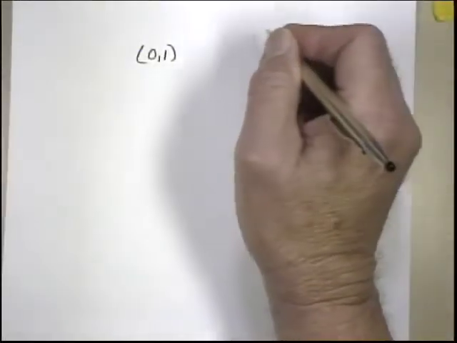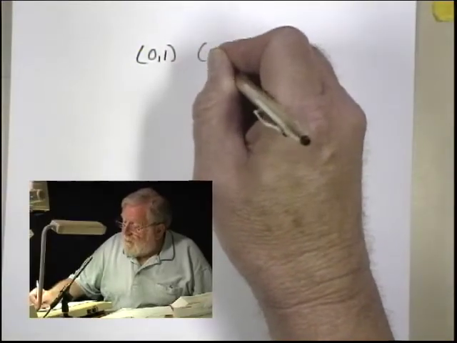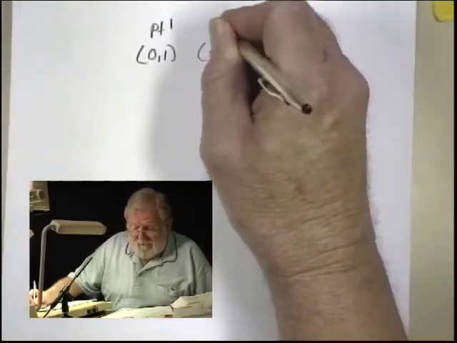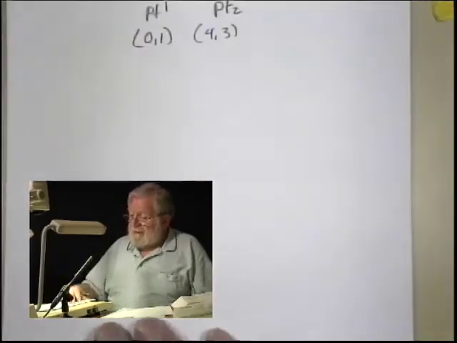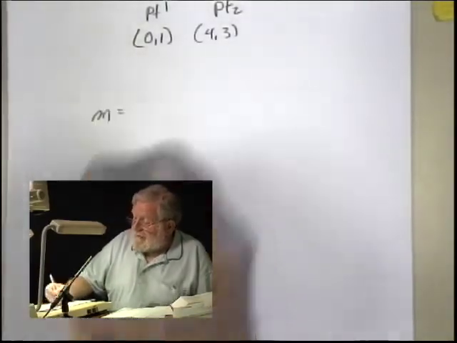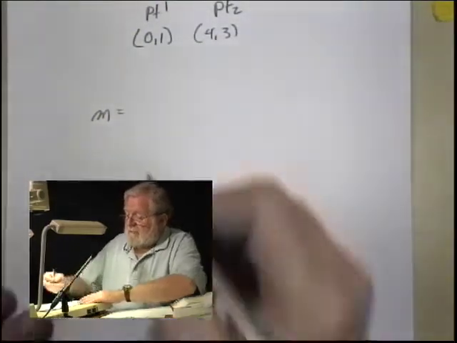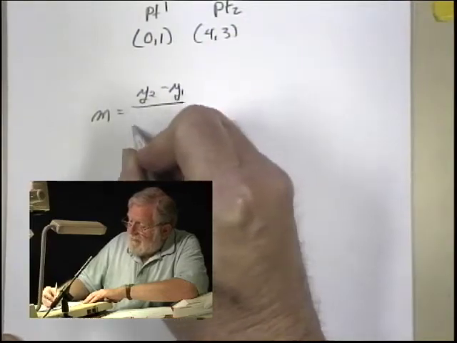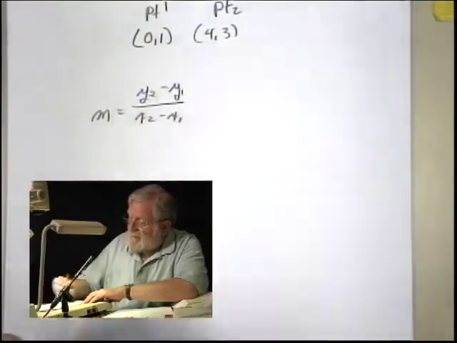All right, well, I had 2 points here, (0, 1) and (4, 3). This was point 1. This was point 2. And we're going to calculate the slope. The slope is y sub 2 minus y sub 1 over x sub 2 minus x sub 1.